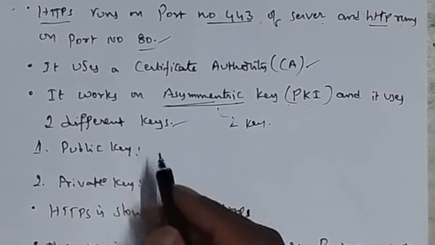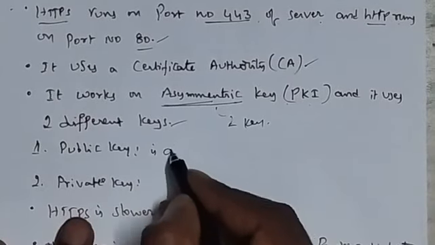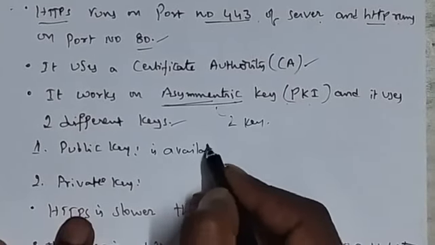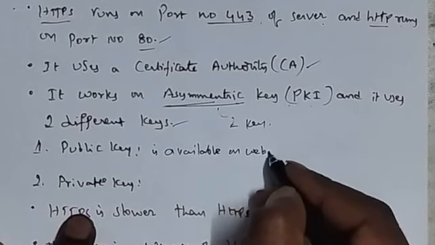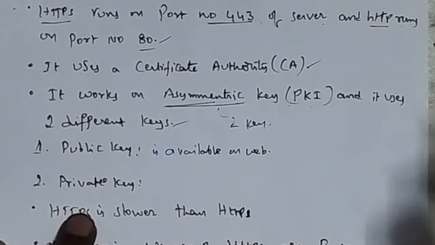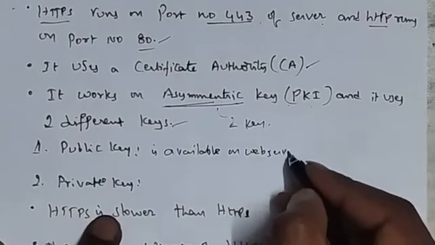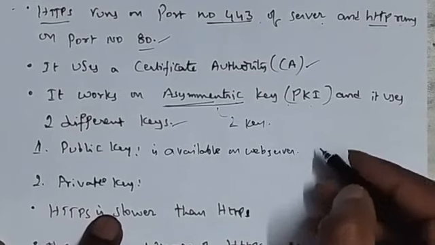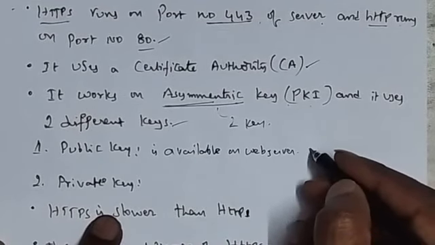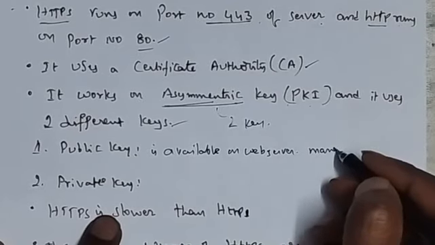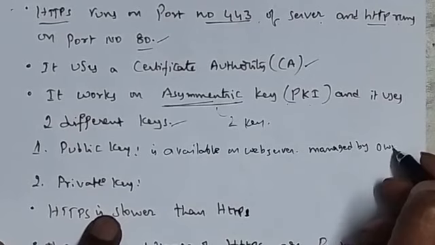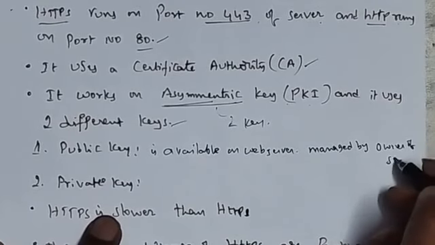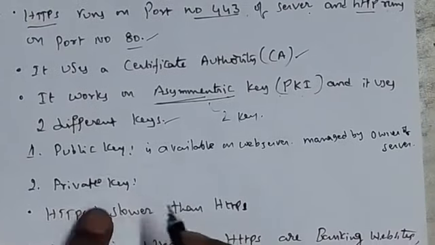What is the meaning of public key? Public key is available on the web for all, available on all web servers, but managed by the owner of the server. And what about the private key?